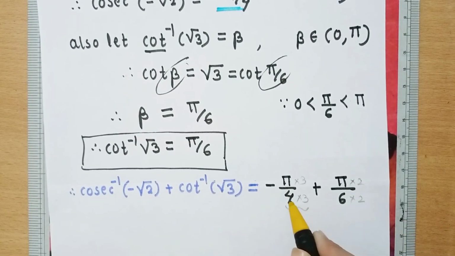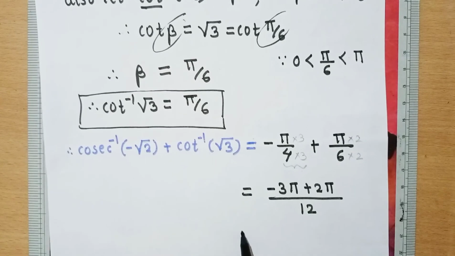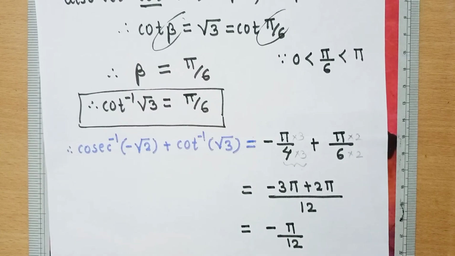So the denominator will be 4 3s are 12, and here also 6 2s are 12. So we have minus 3 pi plus 2 pi, with the common denominator 12, and so the final answer is minus pi by 12. In this way, we have to find the values of the given function.